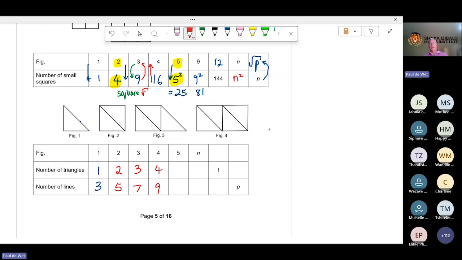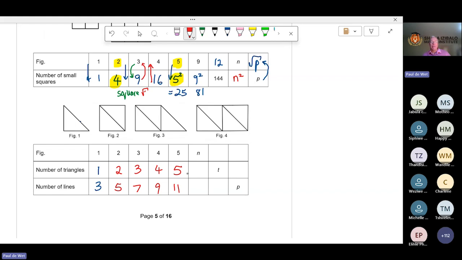We haven't got the figure, guys, but we can figure it out, because we're just adding a triangle each time. And how many lines are we adding? Yes, the rule for the lines is +2. That's brilliant. That's Kumbuzo. The rule for the lines is +2. We're adding 2.